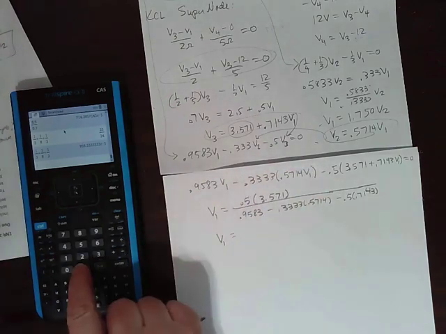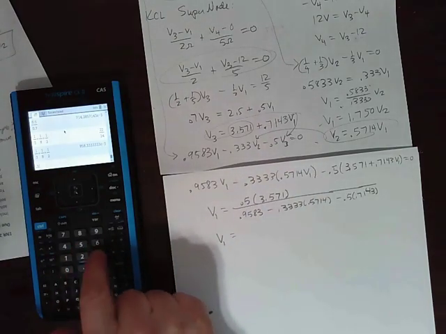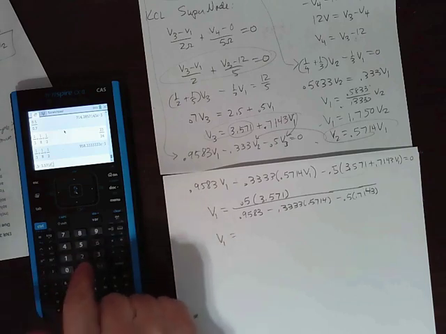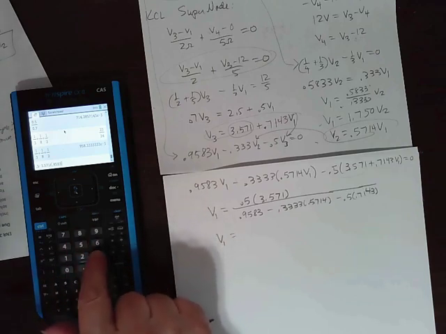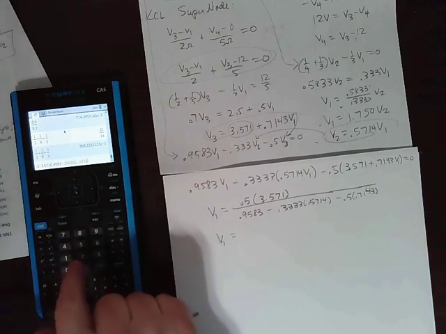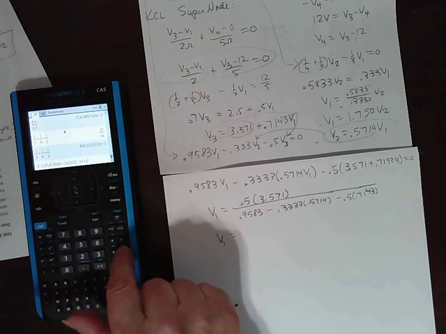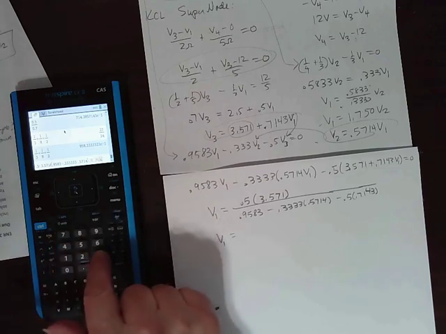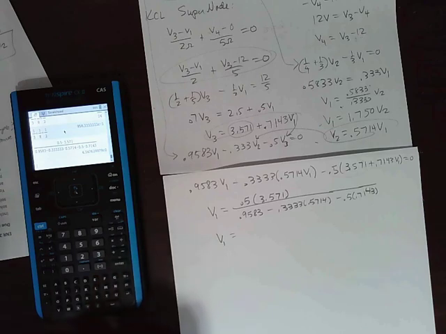Okay, 0.5 times 3.571 divided by, in parentheses, 0.9583 minus 0.4 minus 0.5 times 0.7143. Is that right?